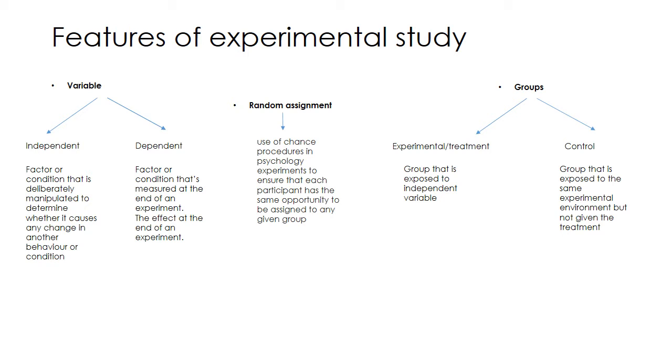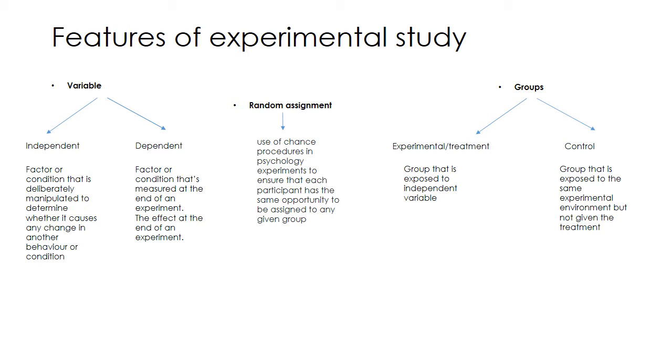Because remember, you want to identify the cause and effect relationship. So if you want to know the cause and effect, you need to have comparisons. You have to make comparisons between groups. So in order to make a comparison, what will make them different? One should get the treatment or intervention, the other one will not get it, and then you can make a comparison between them.